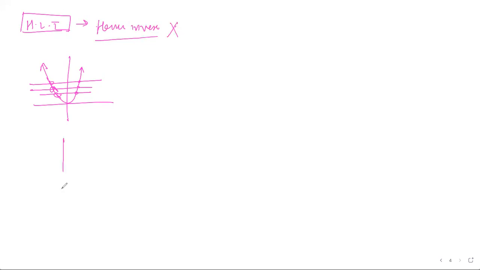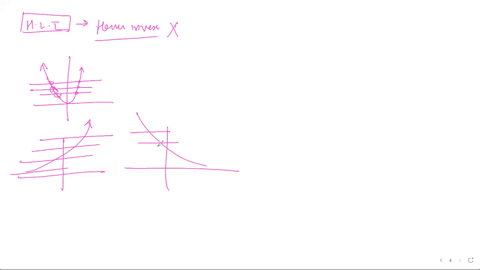So if a function is purely increasing like this, the horizontal line cuts at only one specific point, hence the inverse will exist. If a function is purely decreasing like this, the inverse exists because it cuts at only one point. So the question is, will the inverse not exist for this function for all the x values?